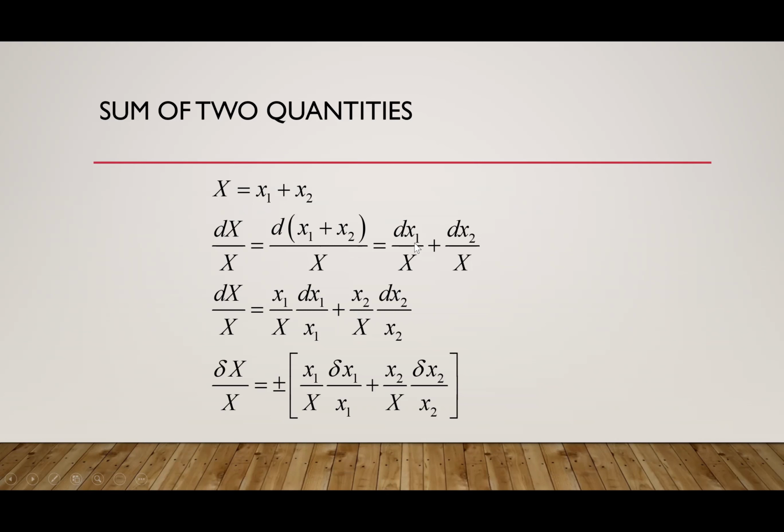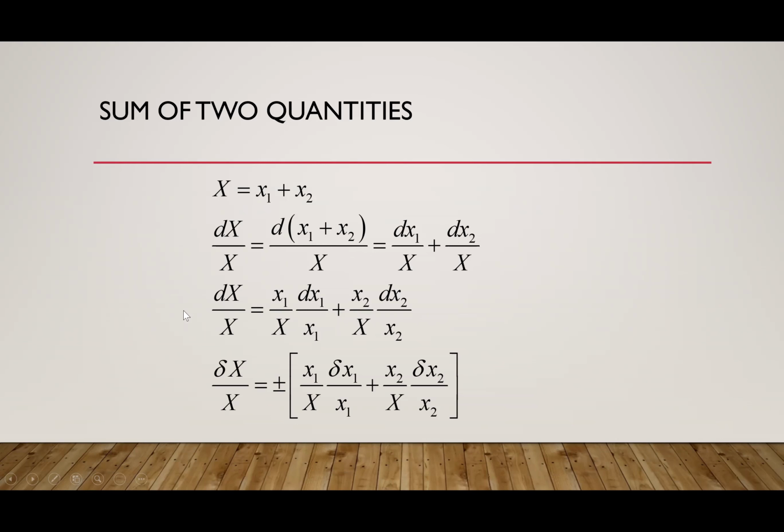Now individually, I am dividing and multiplying the first term by x1, and the second term by x2. So this rearrangement is giving me dx by x is equal to x1 upon x multiplied by dx1 by x1 plus x2 upon x into dx2 upon x2.